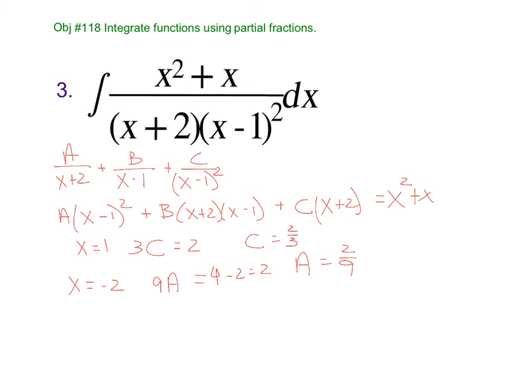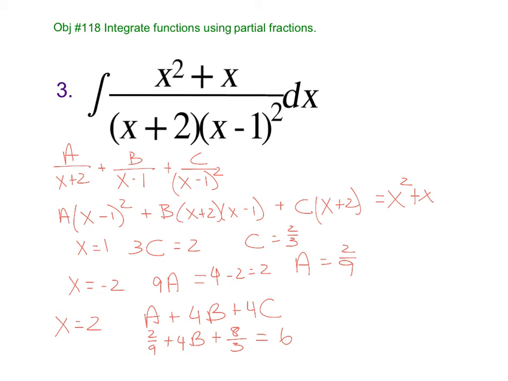And then to solve for b, pick any number you want. I'm going to do positive 2. So if I do positive 2, I get a plus 4b plus 4c. So a is 2 over 9 plus 4b, 4c is 8/3, equals 6. Ugh.